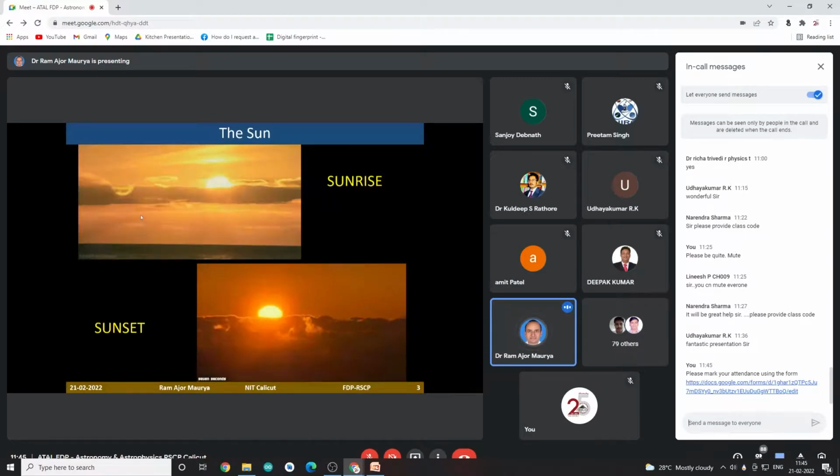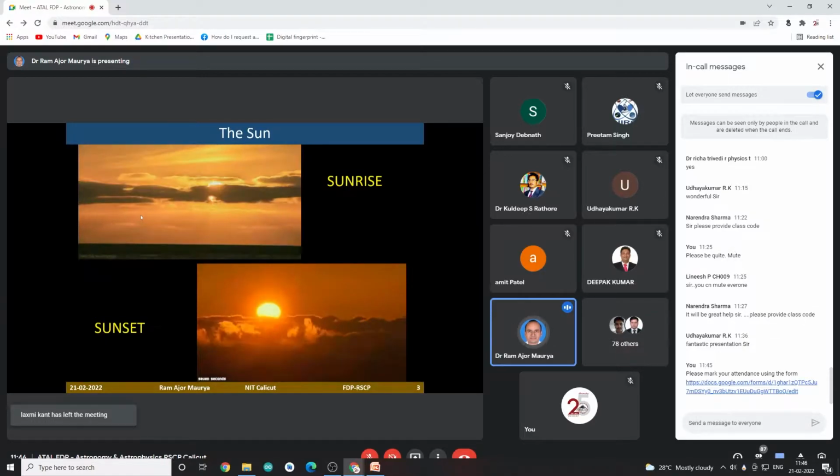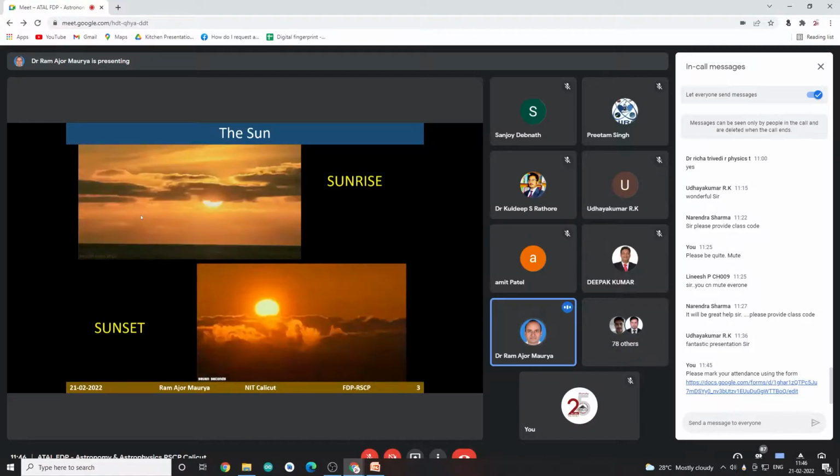From the morning and evening, we see the Sun rising in the east and setting in the west. So how is it?